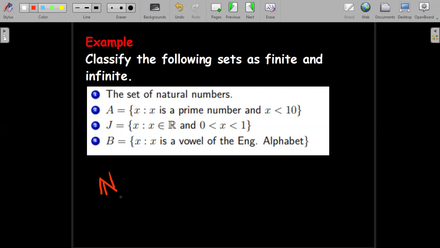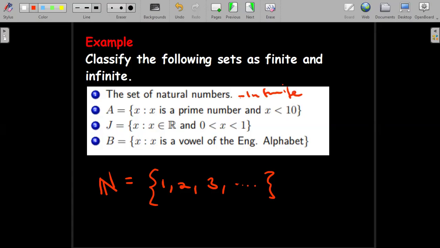Is this going to be an infinite or finite set? This is going to be an infinite set because natural numbers are the counting numbers, from 1, 2, 3, all the way up to infinity. This is a set of natural numbers, and this here is an infinite set.